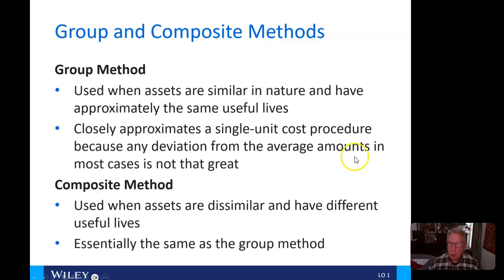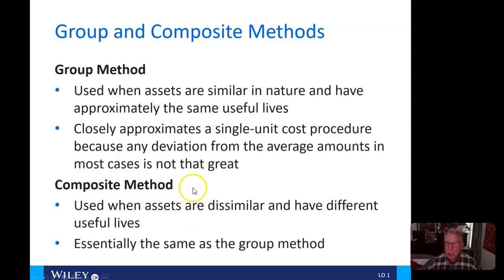All right. Group method. Here we use that when assets are similar in nature and have approximately the same useful lives. It closely approximates a single unit cost procedure because any deviation from the average amounts in most cases is not that material or great.